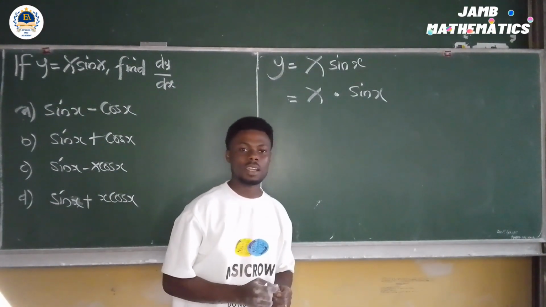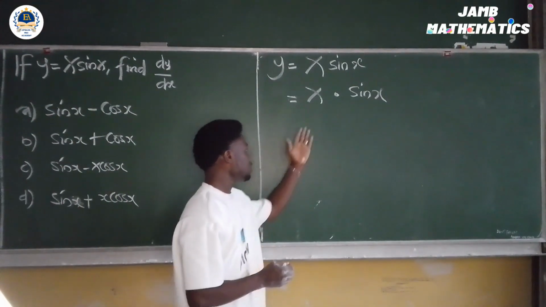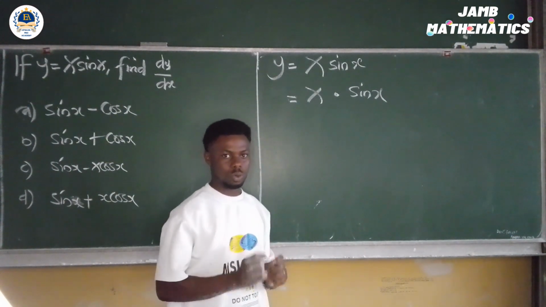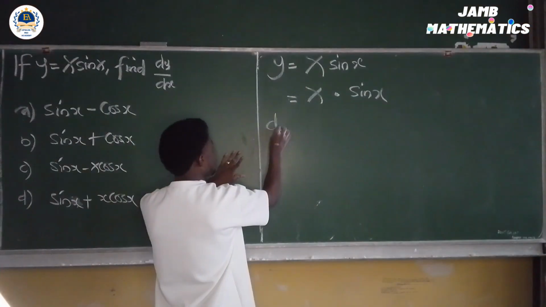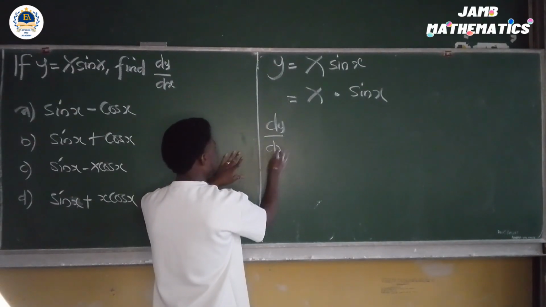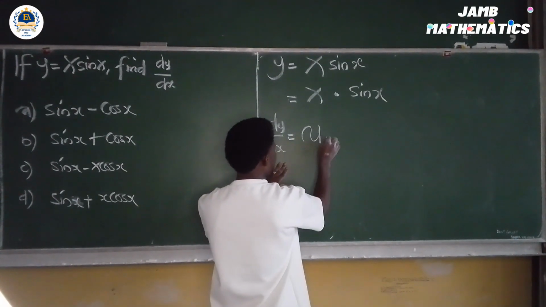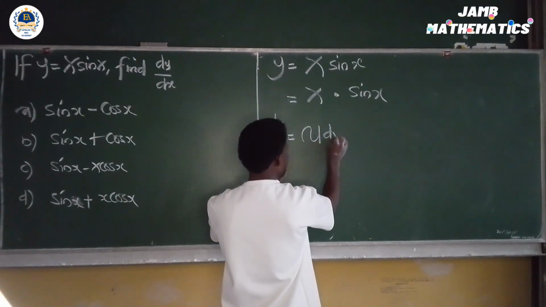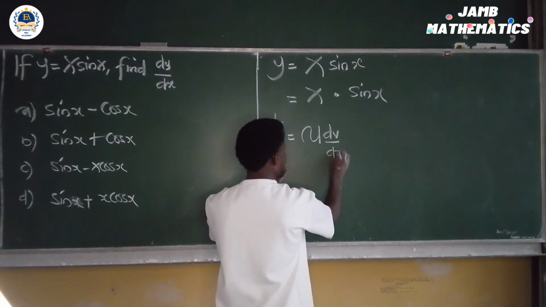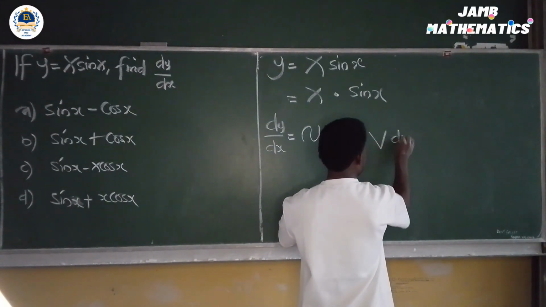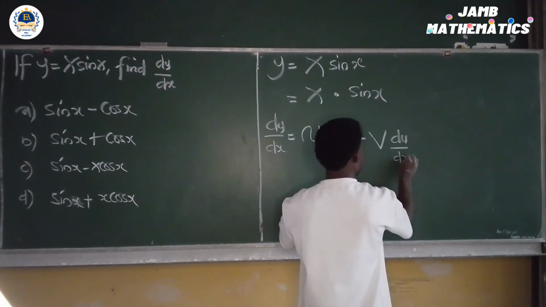In differential calculus, to determine this function or to find the derivative, we apply the product rule. In differential calculus, dy over dx is equal to u dv over dx plus v du over dx.